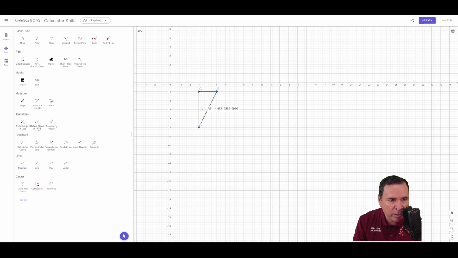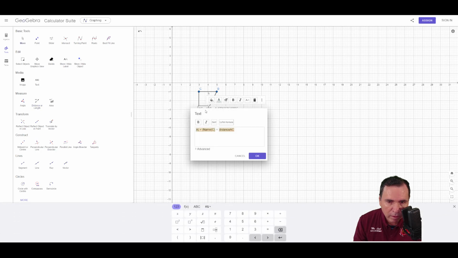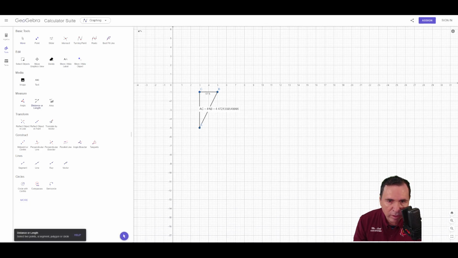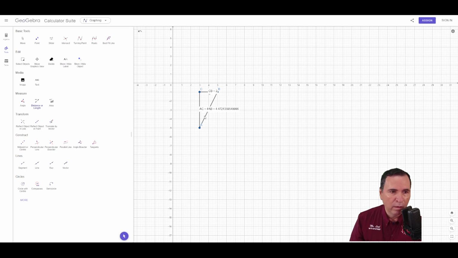So the distance from here to here is obviously going to be 4, right? And then the distance from there to there is obviously 2, right? I hope everybody knows that. That's 4 from here to here, and that's 2, right?